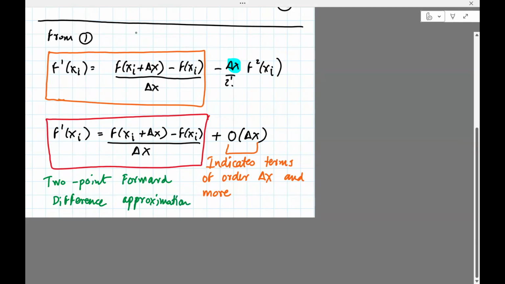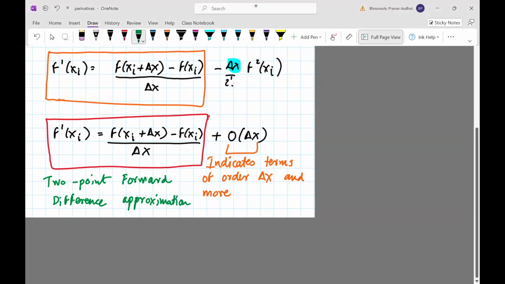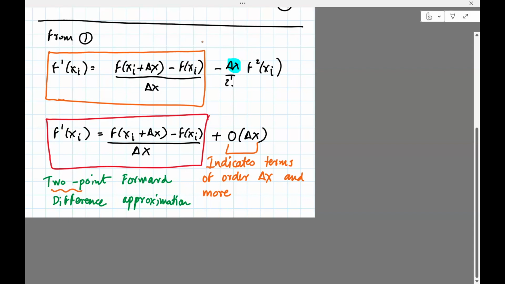The two-point means that you need to evaluate this function at two points, this one and this one, right? You need to evaluate x i plus delta x and x i. It's called forward difference because from f of x i, you look forward, you look at x plus delta x. That's where the forward comes from. And then the difference is obvious, it's a difference, and it's an approximation because it's only accurate to delta x.